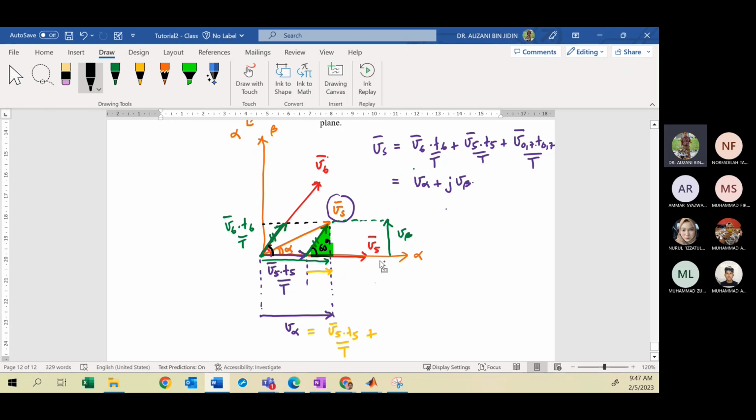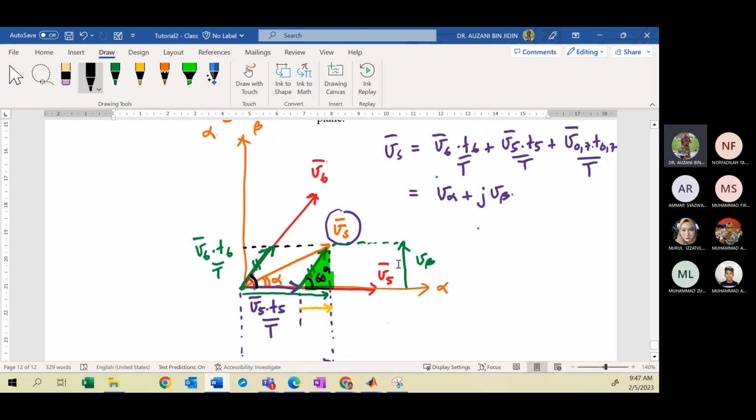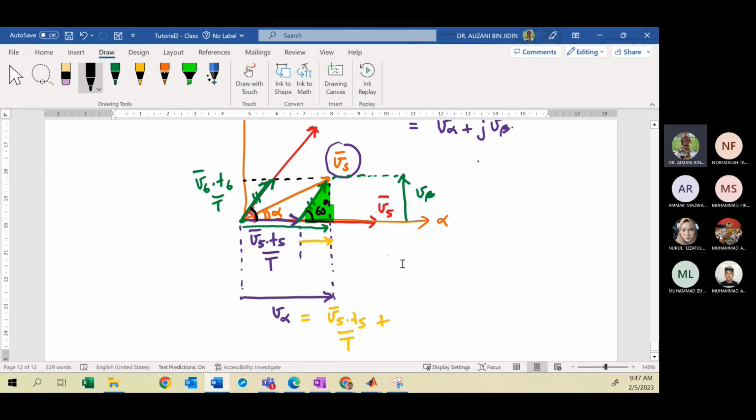Maybe I need to zoom, magnify the image. Clear? So to calculate this component of vector, you apply cos 60 degrees. So the adjacent is the component vector that we need to obtain, divided by the hypotenuse. So your hypotenuse is V6 T6 per T, right?